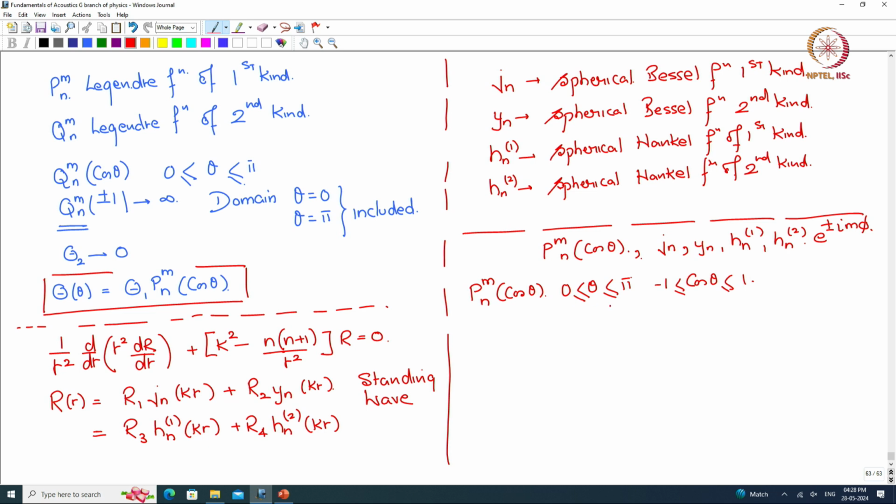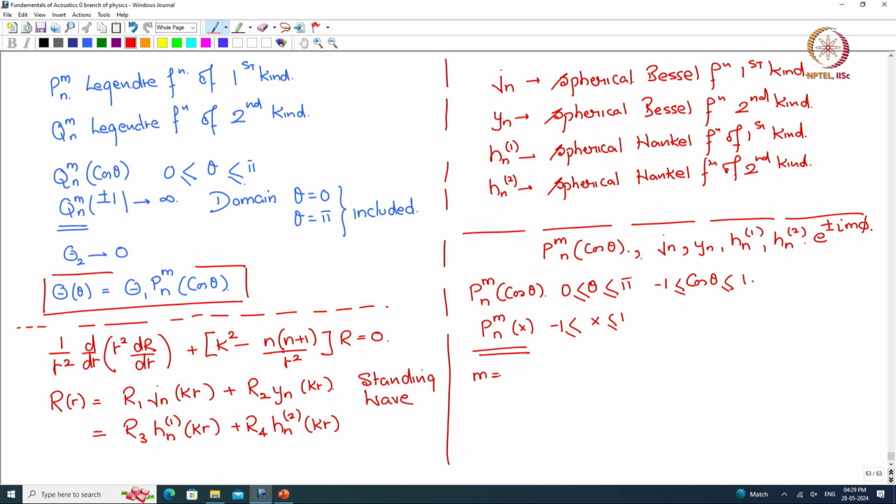Okay. So if we consider Pmn of x such that x is between plus 1 and minus 1, we are looking at Pmn of x.